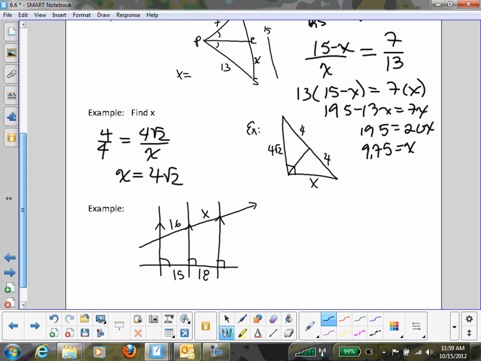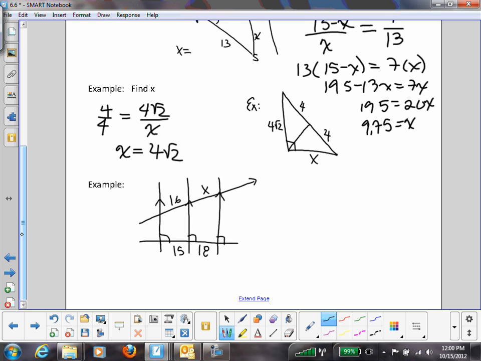If 4 is over itself, then doesn't 4 root 2 have to be over itself too? So that you get 1 is equal to 1, basically? Okay. You can physically cross multiply and divide, but that's a lot of effort. So if you can intuitively see that this reduces down to 1, so this side has to reduce down to 1, the only value that x can be is 4 square roots of 2.